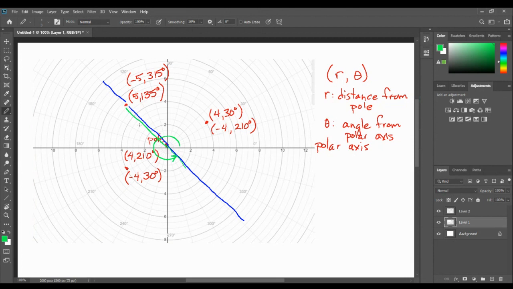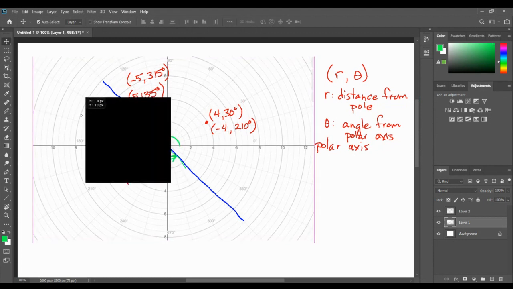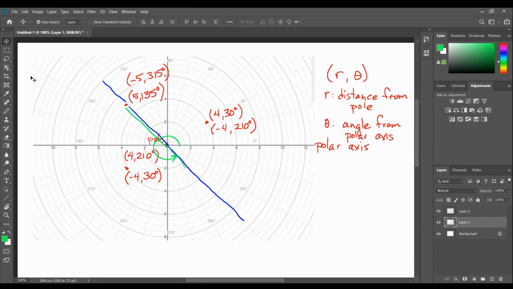So that's how I got the 315: I just extended that blue line out to the other side of the pole and saw that that was at an angle of 315. So every angle that we do is going to have a positive and a negative, essentially.